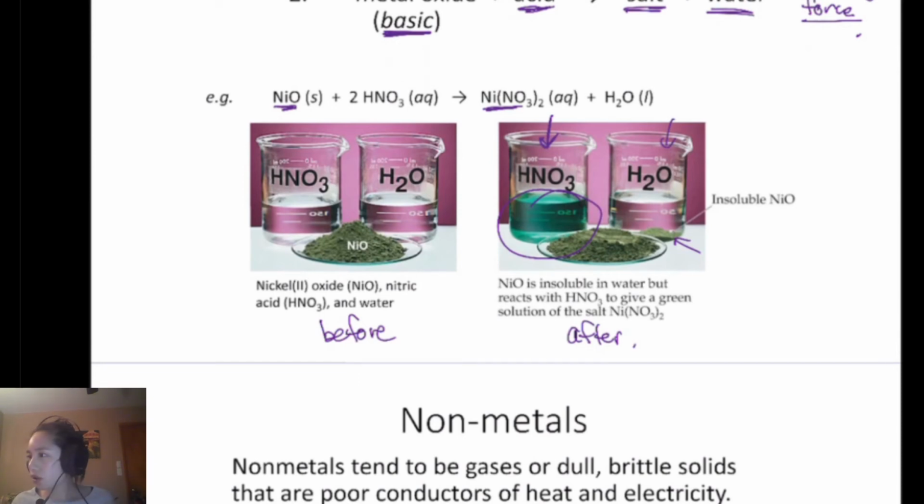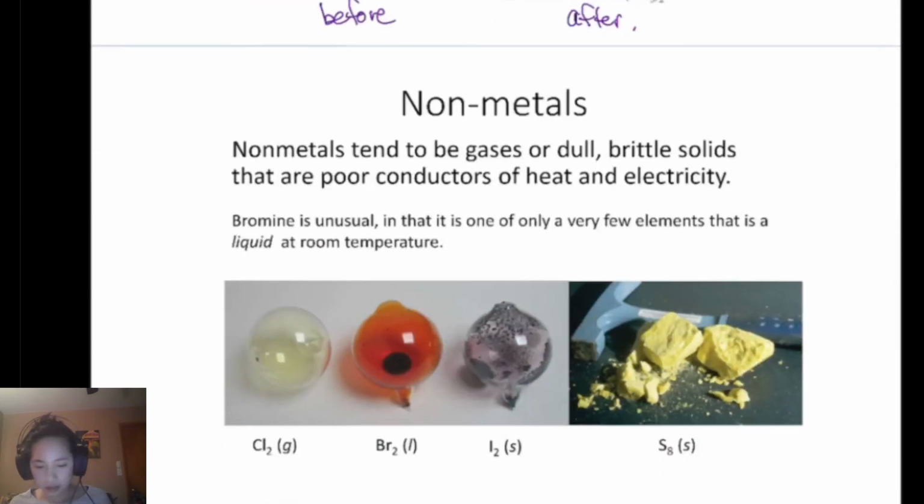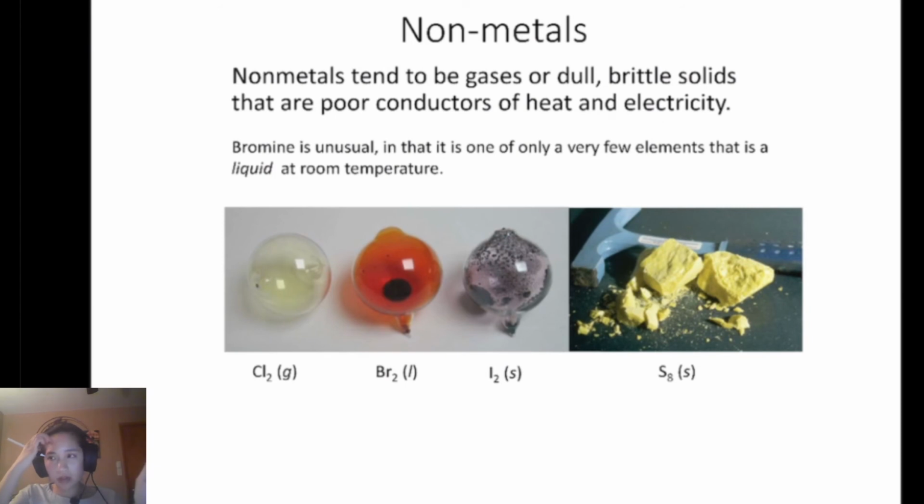Okay, so let's move on. We talked about metals. Let's talk about nonmetals. On the right side of the periodic table, we have most of the nonmetals. Nonmetals tend to be gases or dull, brittle solids that are poor conductors of heat and electricity because they are not metallic. Bromine is one of the unusual cases of the elements.